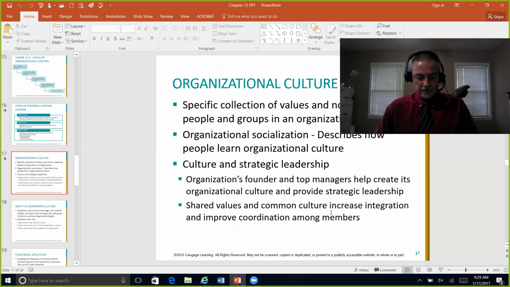So let's talk about organizational culture just for a few minutes, which is another element when it comes to successfully implementing a strategy.